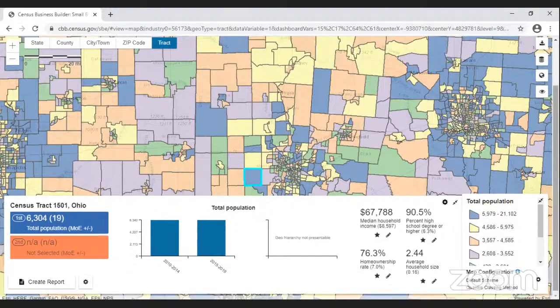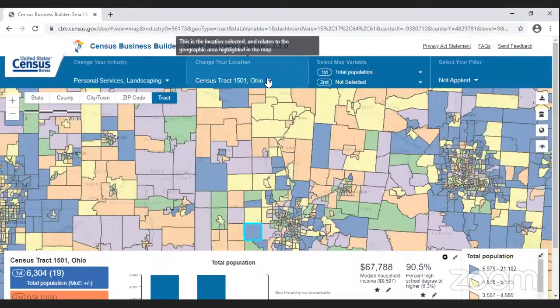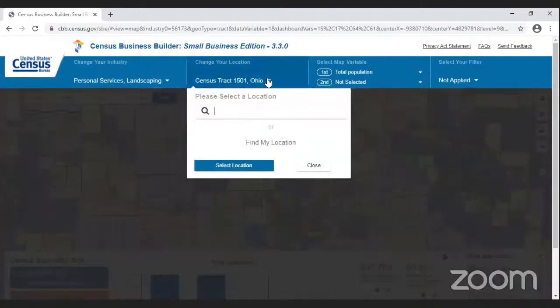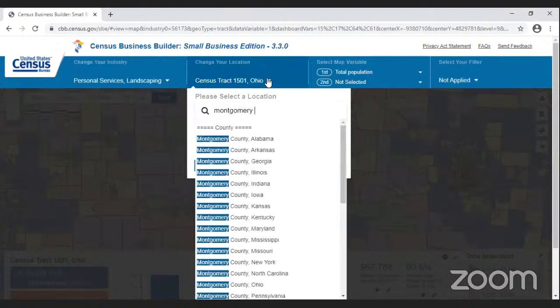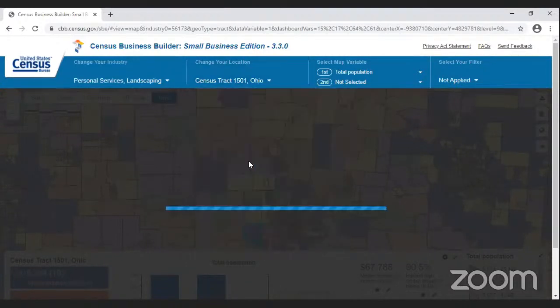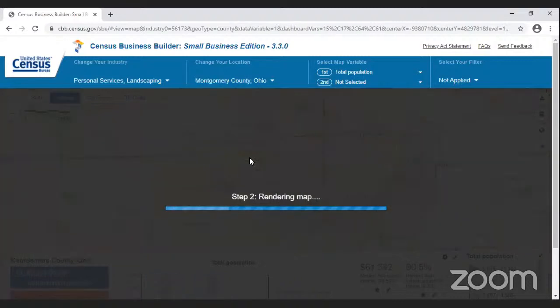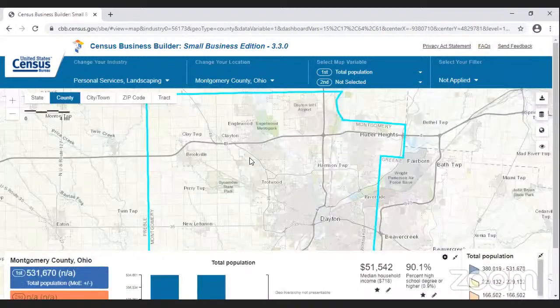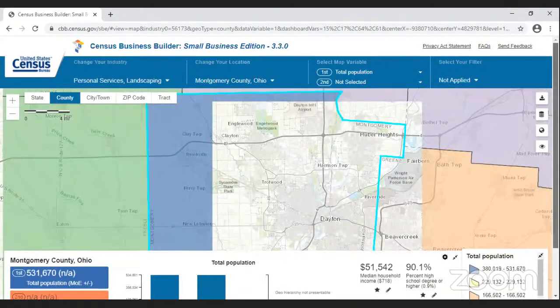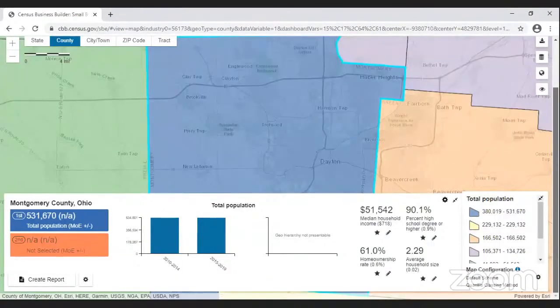One last thing I want to show you is, I'm going to switch back to counties. So when I switch back to counties and I'm still on population, it doesn't matter what variable you're on.